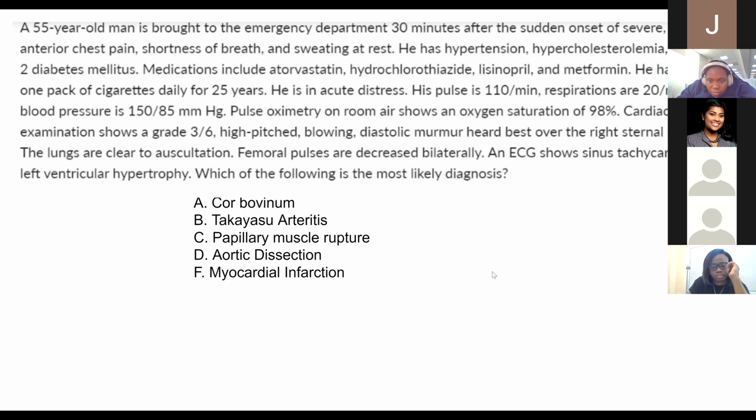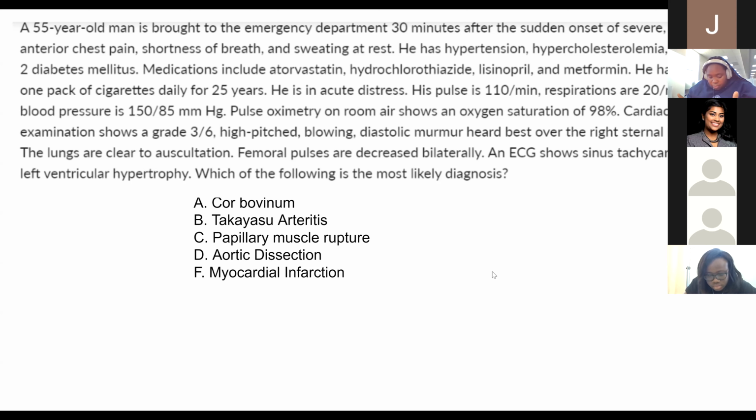You could have left ventricular hypertrophy with an MI, but an ECG would show a STEMI or something like that. The ECG finding is what should make you say, okay, can't be an MI. Even though it is 30 minutes, they would probably add increased cardiac biomarkers or something like that to make you think MI. So it is an aortic dissection.